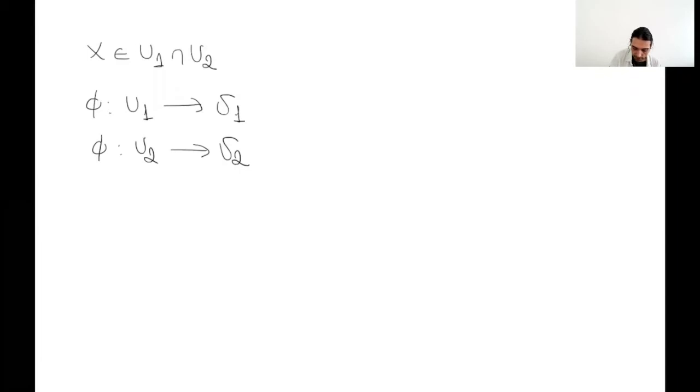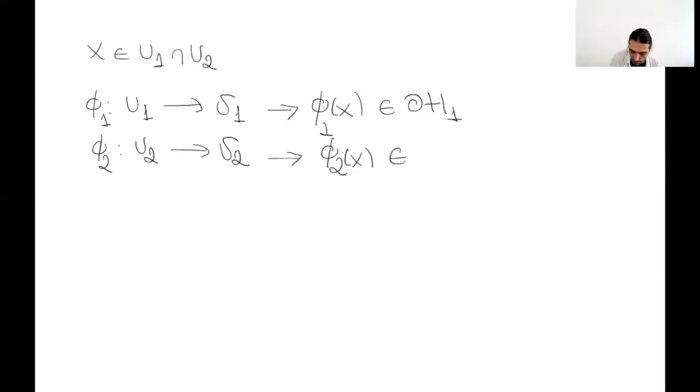That means that the image by the first local chart of our point X belongs to the boundary of the half space that we use to model that local chart. Whereas in the second case, the image does not belong to the boundary of that half space, the corresponding half space for the second chart. Okay?